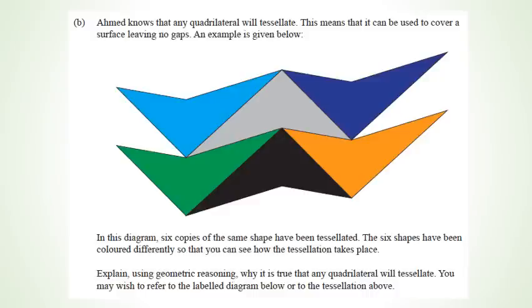For those of you not familiar with tessellation, it's basically taking one image and repeating it, like flipping it upside down and joining them together. In this case, you start with this little blue shape, it's flipped upside down to create this gray shape, and then the blue shape comes back here, and you can see the pattern repeating itself. So what they're asking is, why is it true that any quadrilateral will tessellate? They've given you a diagram, which I'm going to show in the next question.